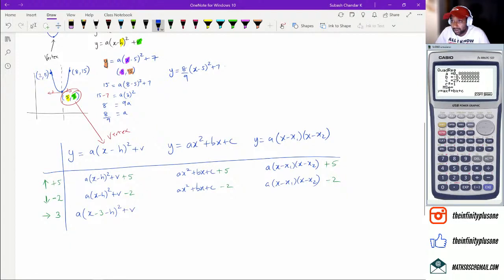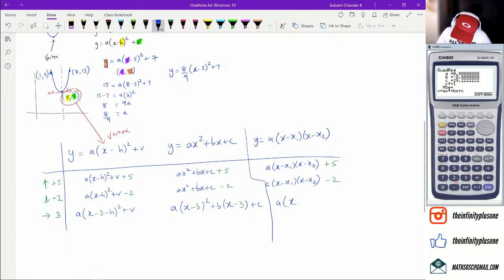And if you got it from the graphics calculator, then you go a, because there's an x there, you're going to put x minus 3 squared plus b times x minus 3 plus c.